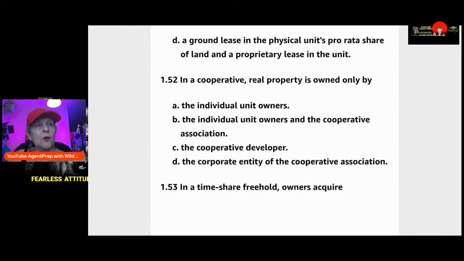So with an LLC, it'll be a member that will sign. If it's a partnership, it'll be one of the general partners that'll sign. If it's a corporation, a corporate entity, it'll be a board member, a general member. I think I got it right. It's a member, a partner, or a general member.